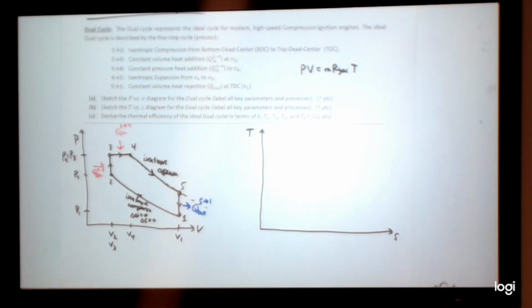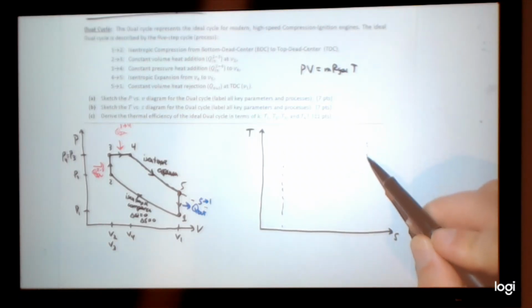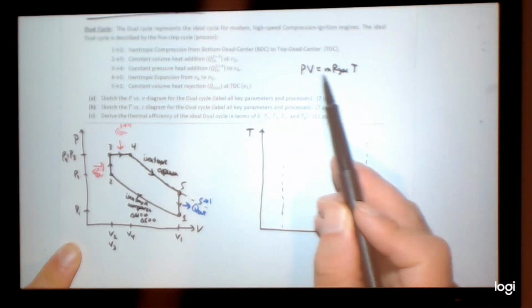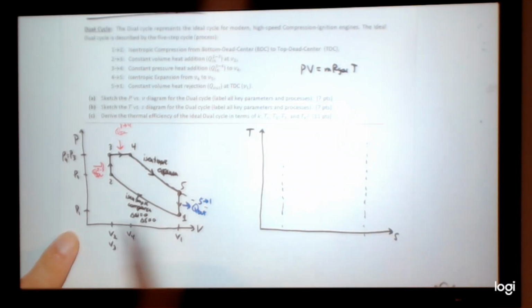So for the time being, let's just draw some straight up and down lines. And then we know that this is a large volume and low pressure. So if I put P1, V1, T1, then the question is where is T1 on here? Is it up here? Is it down low? But the reality is pressure always went up. So let's just put some T1 down here.